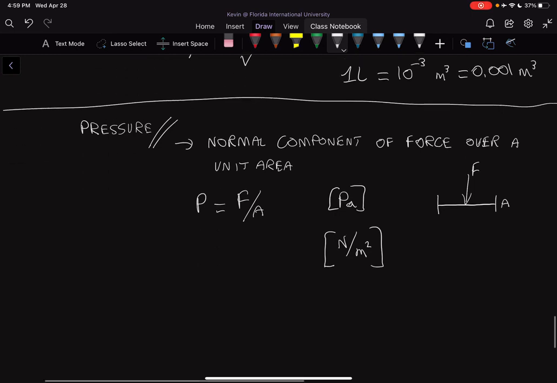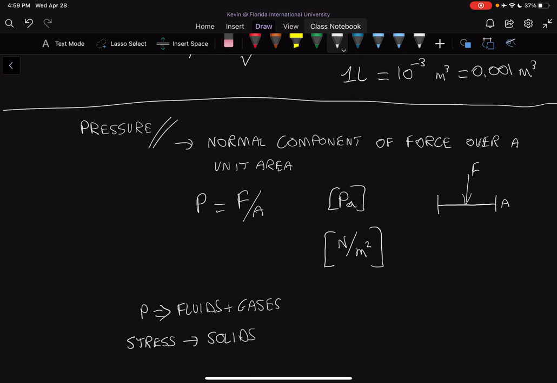Now, pressure is used in fluids and gases. In solids, we actually use a different term than pressure. We use stress for solids. So pressure is turned into stress for solids. And the definition is a little bit different.